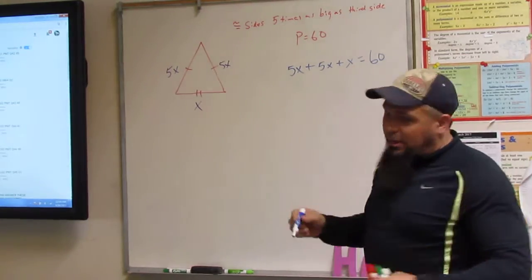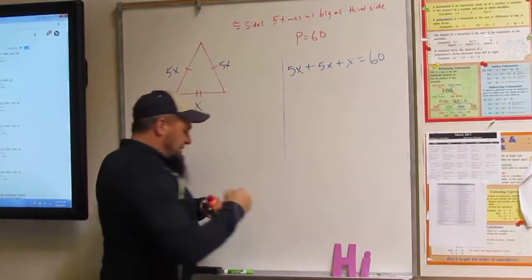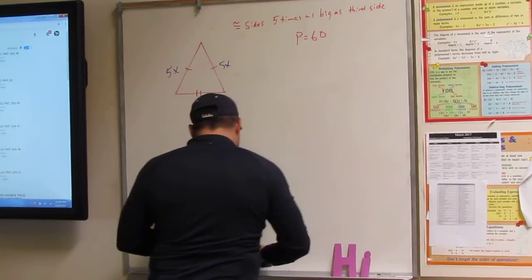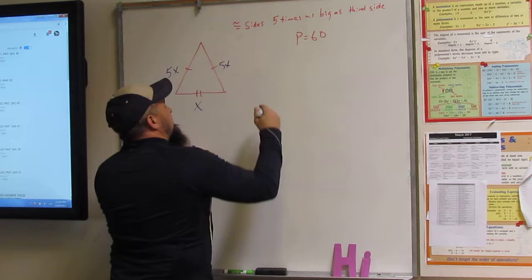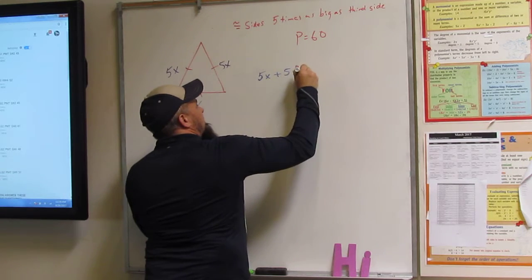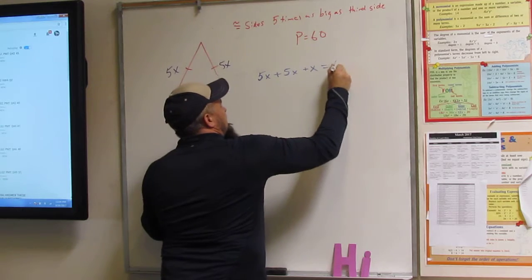Now this is a 2-column proof, so I'm going to rewrite this so it looks more like the 2-column proof. So we're saying 5x plus 5x plus x equals 60.